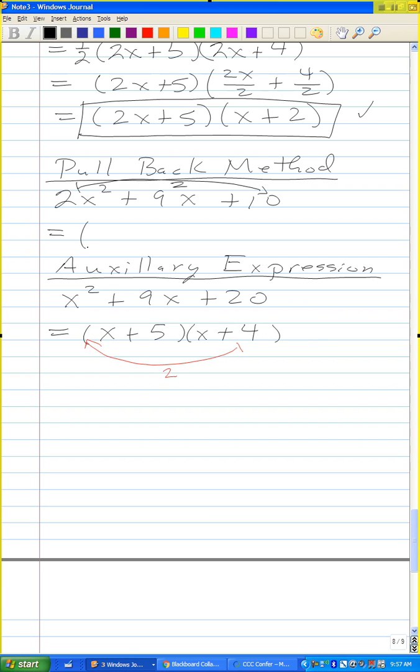And so I get, well, 2 times x is 2x. I'm not multiplying anything times the 5, neither by the x. 4 divided by 2 is 2. And that is your answer. Again, it's the same answer. Okay, good.